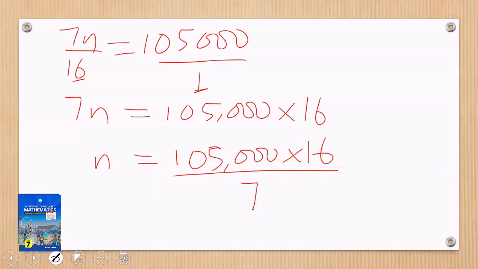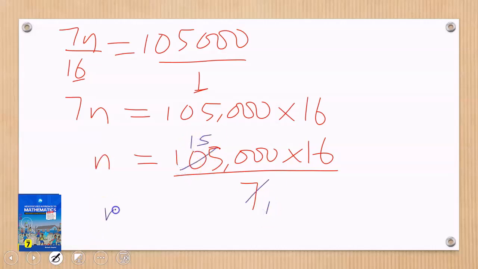Now since we want to make n the subject, we divide both sides by 7. So what is left is for us to do our division little by little. The question is, can 7 divide 105? Yes, that is possible, and 7 divides 105 as 15.